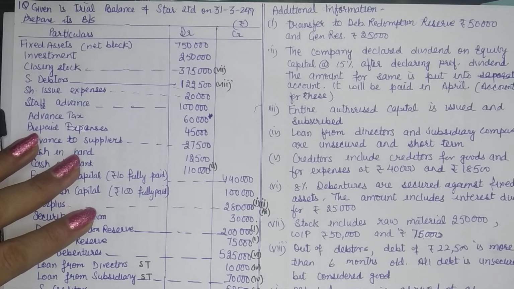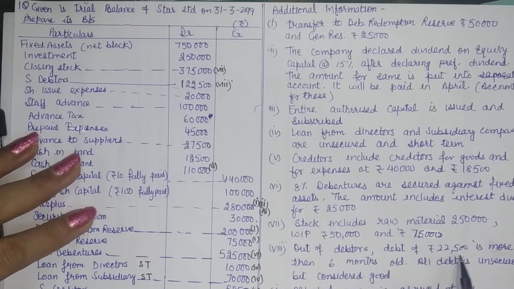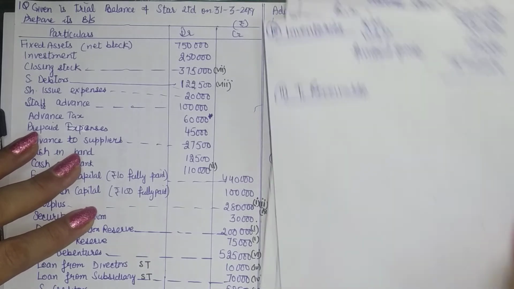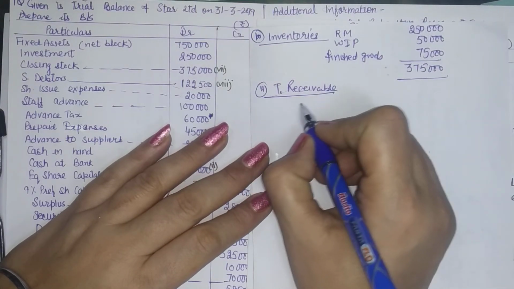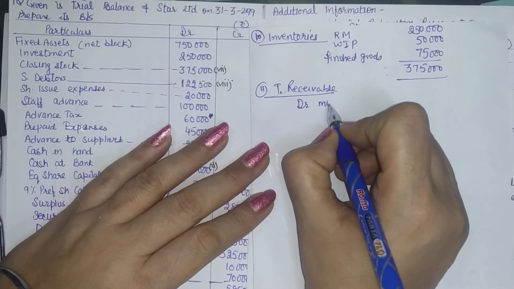And the details are: out of debtors, 22,500 rupees of debts are more than 6 months old, remaining are less than 6 months and good, unsecured and good.